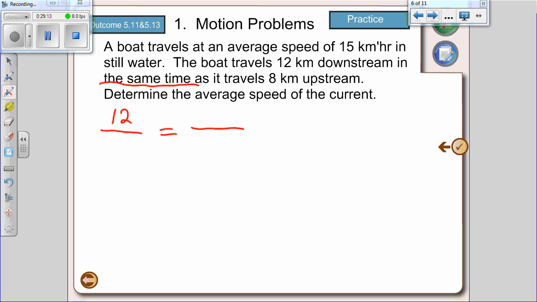So 15 kilometers an hour plus the current's pushing me. That time is the same amount of time that we have over here, which is an 8-kilometer trip at a speed of 15 minus C, because I had to come back up the current.